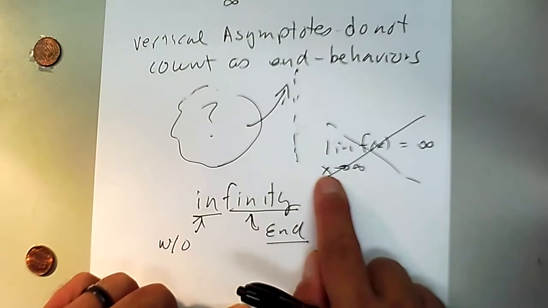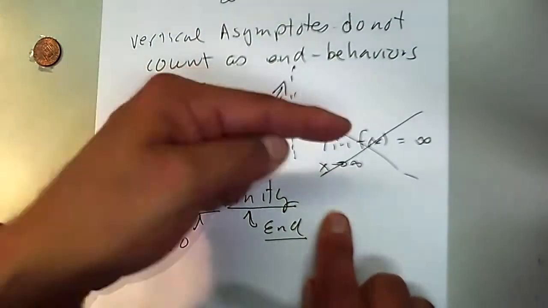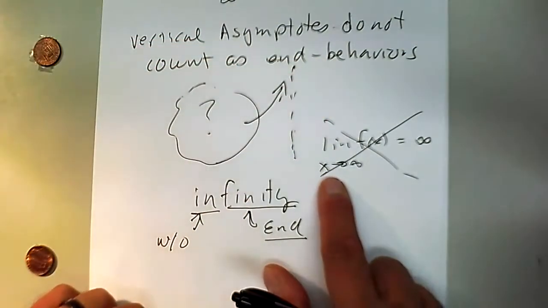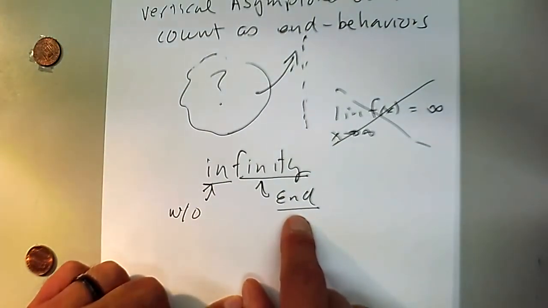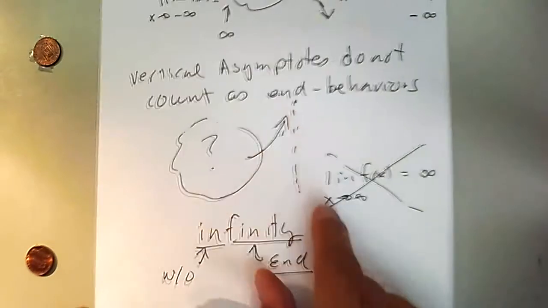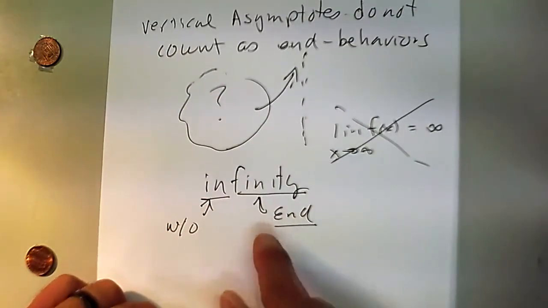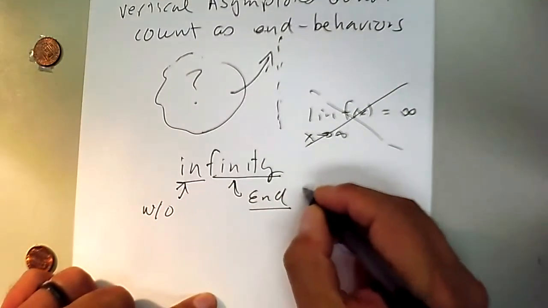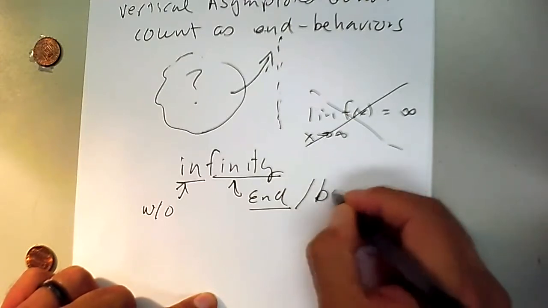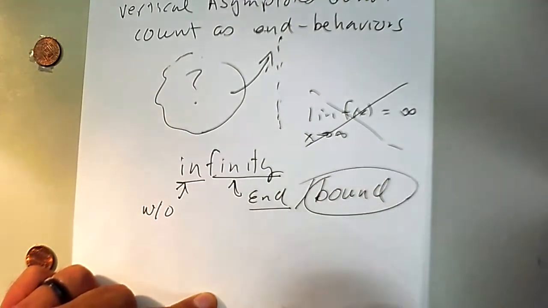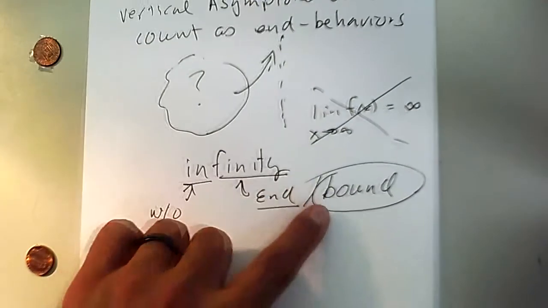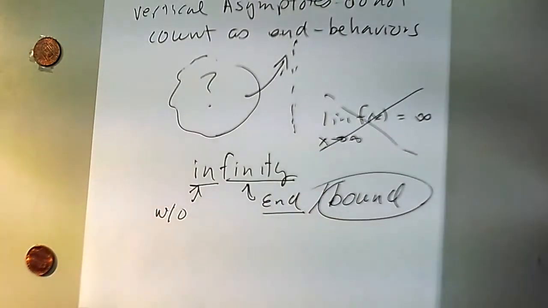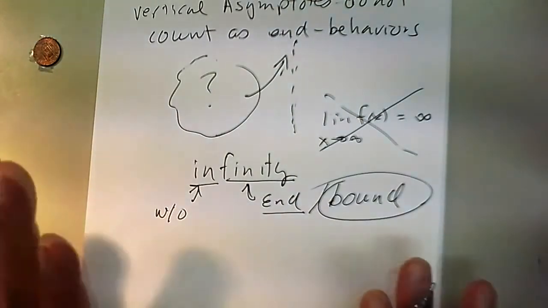This is what we mean: move forward, forward is that way, without ending. But then you could say, well, this is not ending moving forward. What we mean in this case is without bound. Anyway, be aware of that.